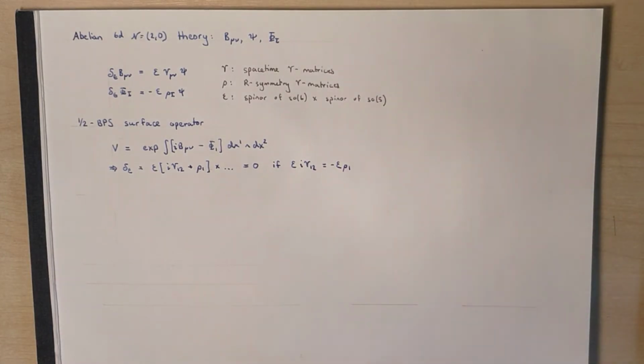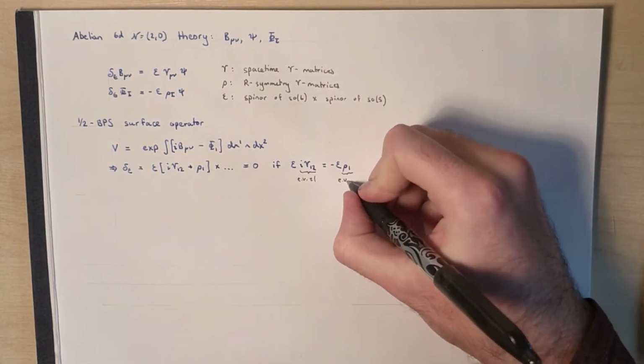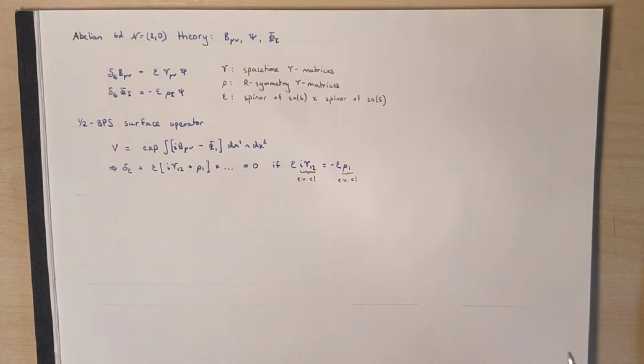And because they act on different spaces, we can diagonalize both of them at the same time. They each have eigenvalues plus or minus 1, so the epsilon satisfying this equation are the ones with opposite eigenvalues, which are 8 real spinors or half the supersymmetries.